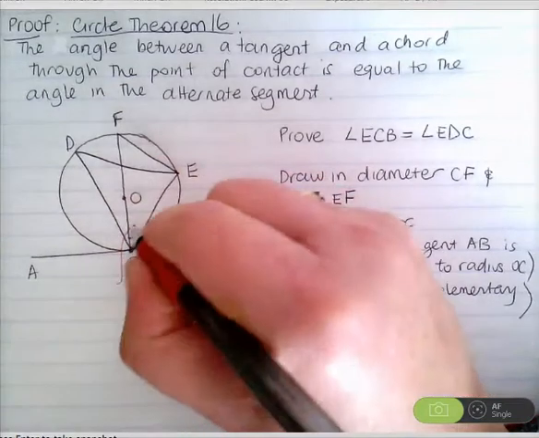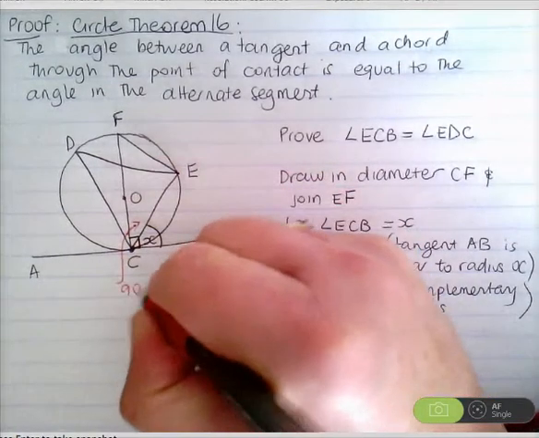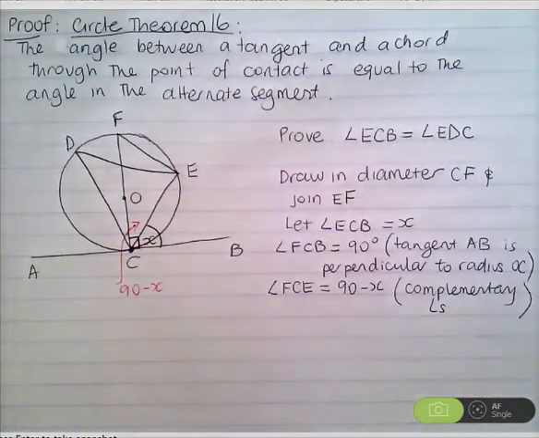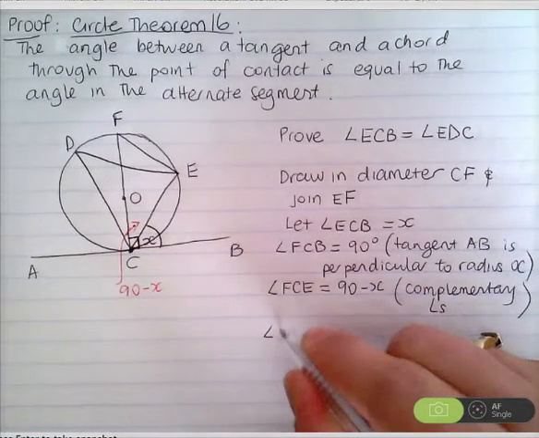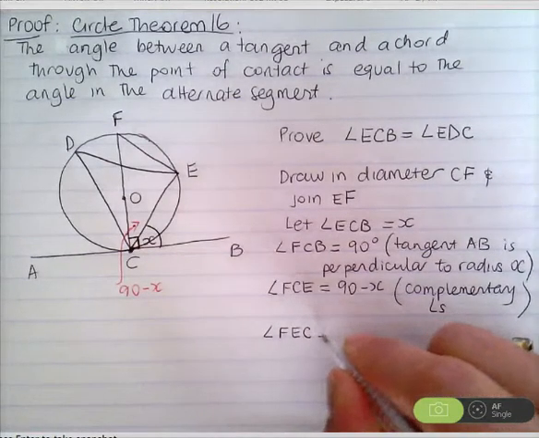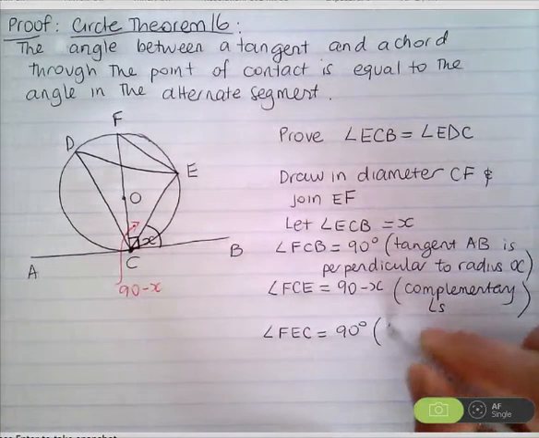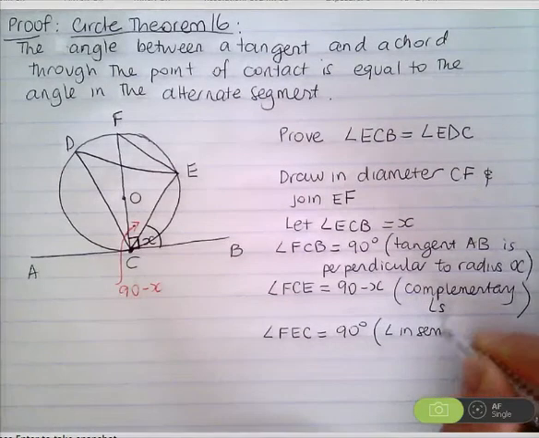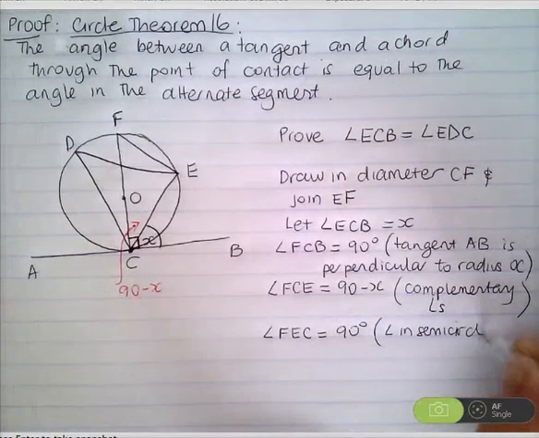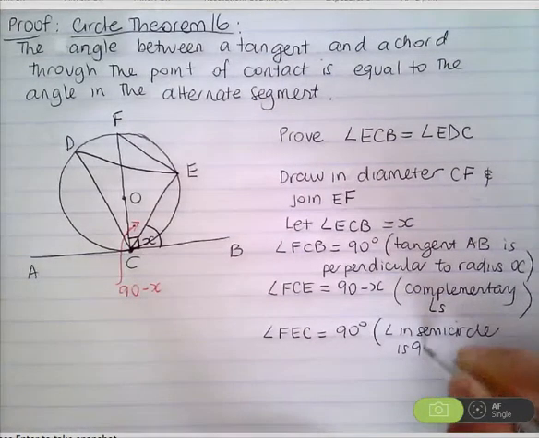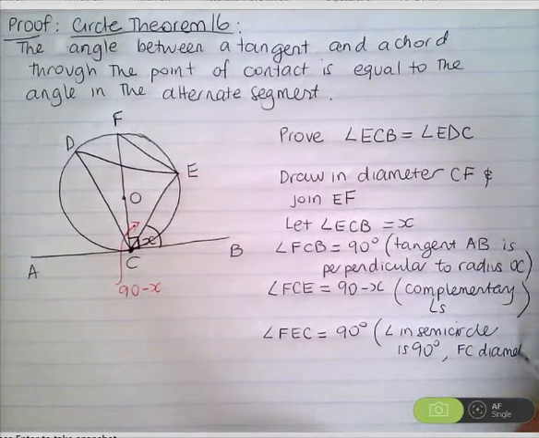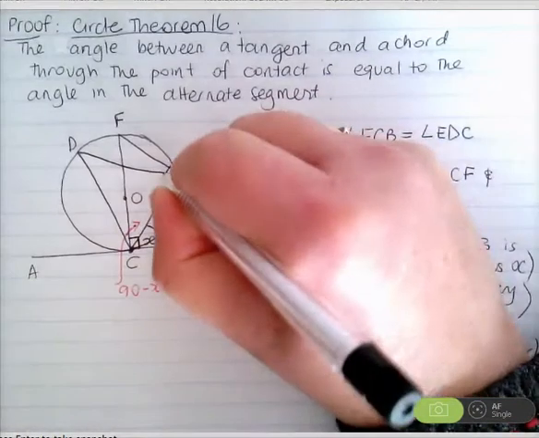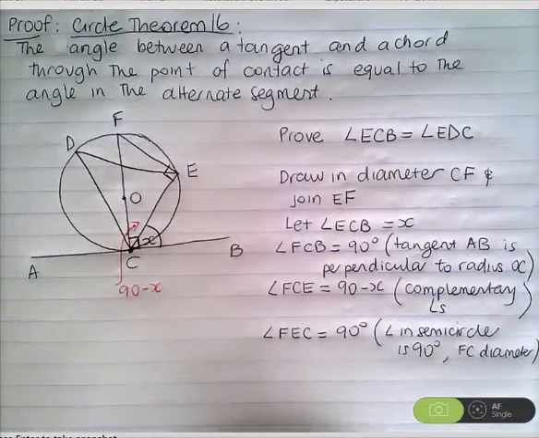So this angle in here is 90 minus X, okay? Now we also know that angle FEC is equal to 90 degrees. Reason: angle in a semicircle is 90 degrees, because FC is the diameter. Okay, so we've got a right angle there.